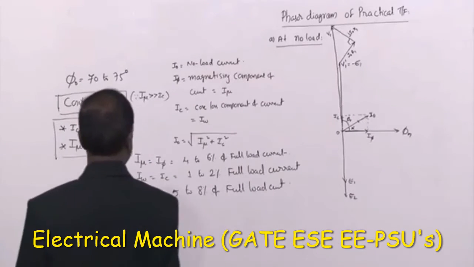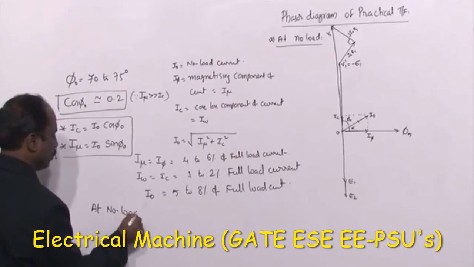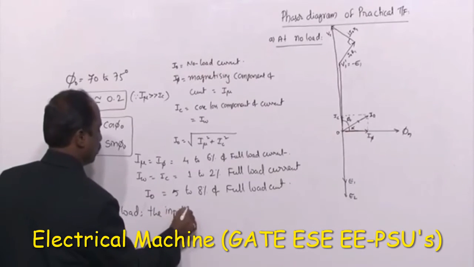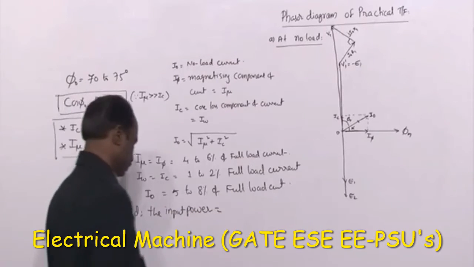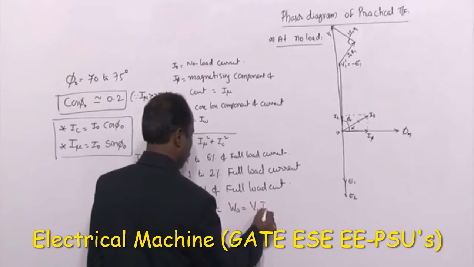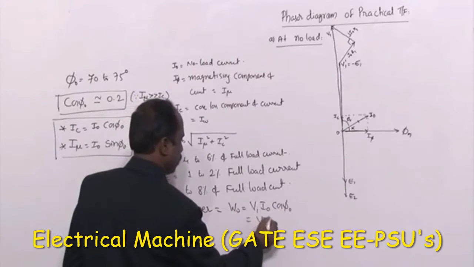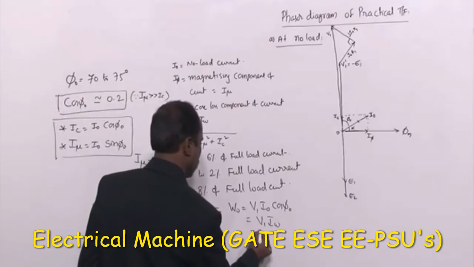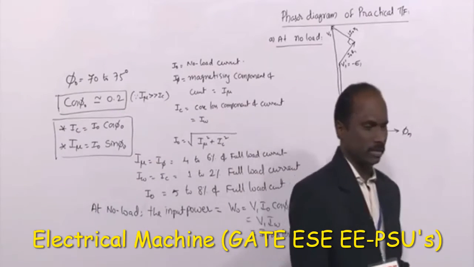And here at no load, what is the power taken by the transformer? At no load, the input power, which is called the no load power, is only to fulfill the constant losses, which is W naught equals V1 I naught cos phi naught. That is V1 into IW, because I naught cos phi naught is IW, which is nothing but iron losses of a transformer.